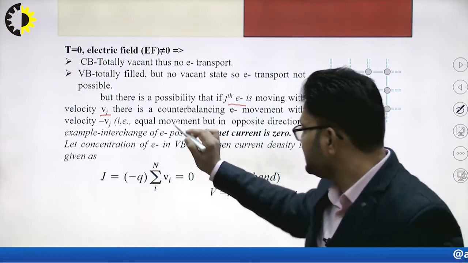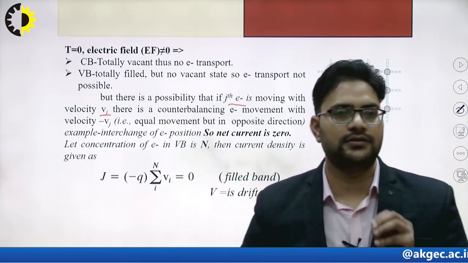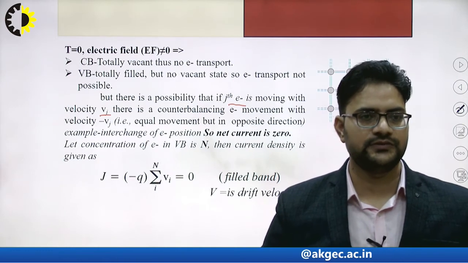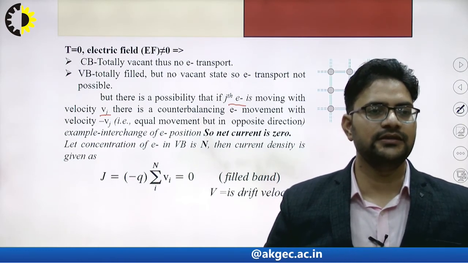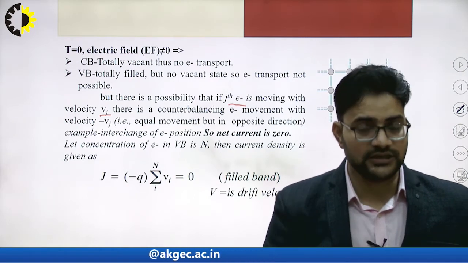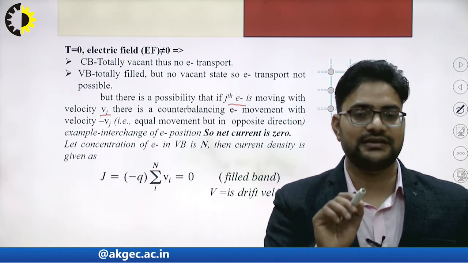In this case equal and opposite movement will be there, such that there will be an interchange of the electron positions, so we can conclude that the net current will be equal to 0.